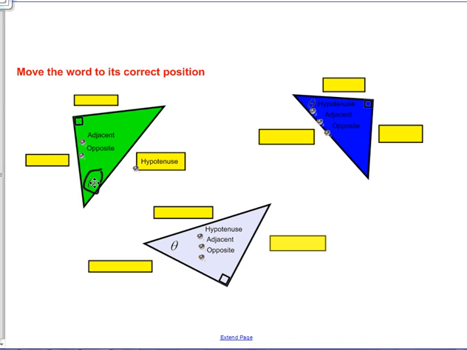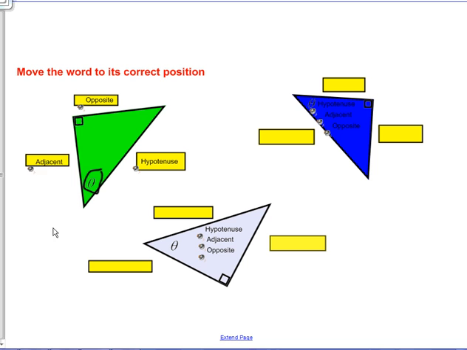Now we have to look at the other two words: adjacent and opposite. Looking at this particular angle, which side of the triangle is adjacent to this angle and which one is opposite? If you guessed this one would be opposite, you're correct.